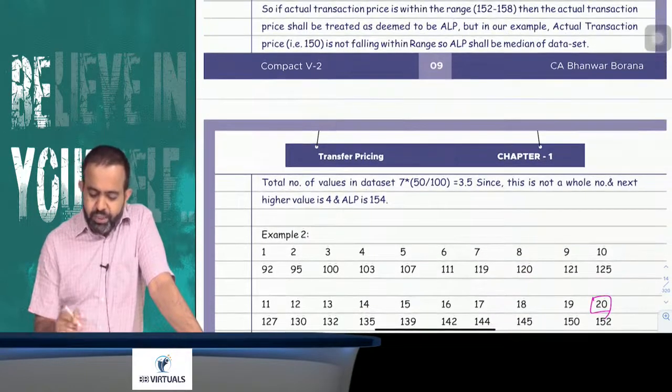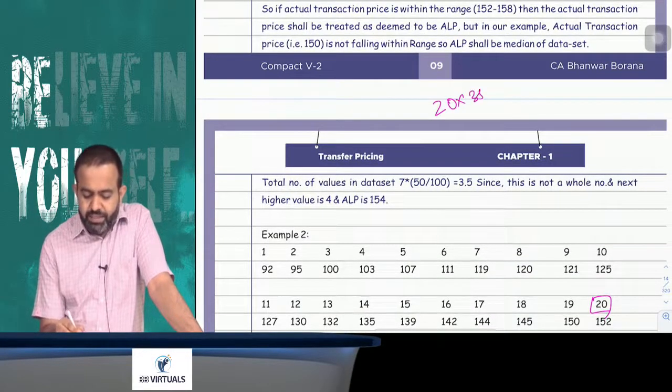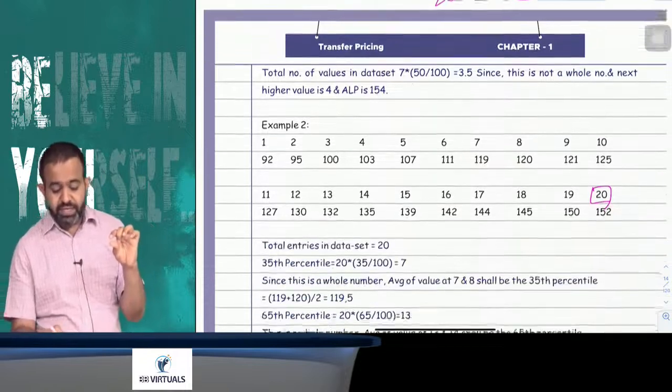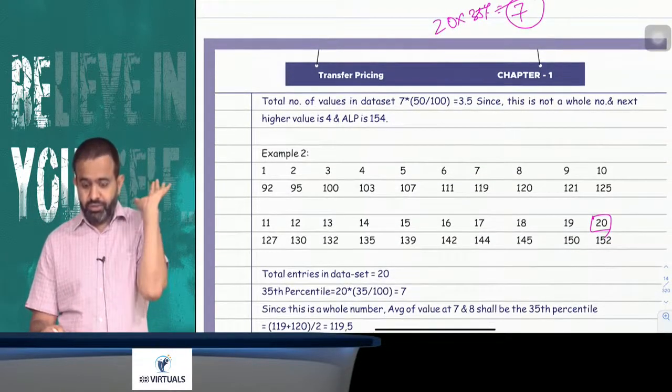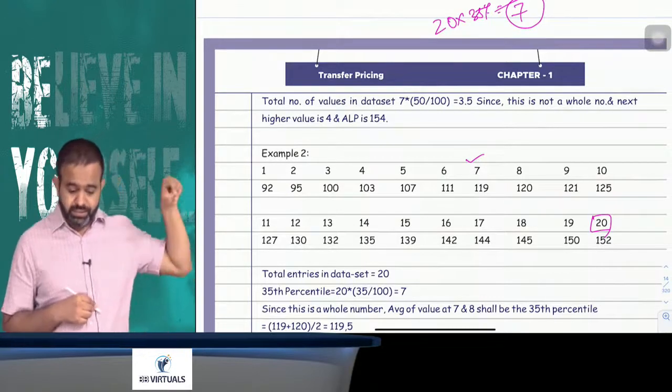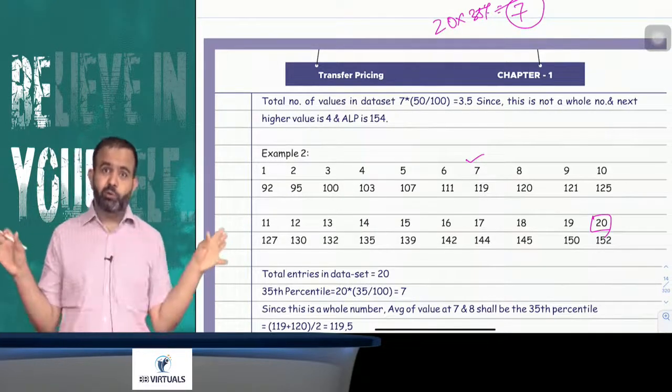So 20 multiplied by 35 percentile, you will get 7. So 7 is a whole number. So will you consider the value given against 7 or not? Here the value given against 7 is 119. Do you consider that value 119? Answer is no. No guys, no.